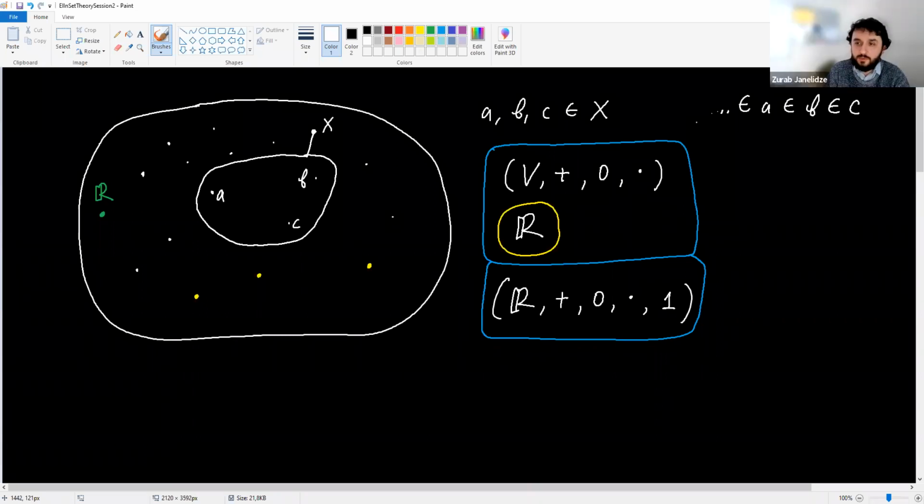Yeah, it depends on axiomatics. We didn't make a full list of axioms for set theory, so it would depend on axiomatics. And if I'm not mistaken, one can choose an axiom which will eliminate this possibility, but one actually doesn't want that.